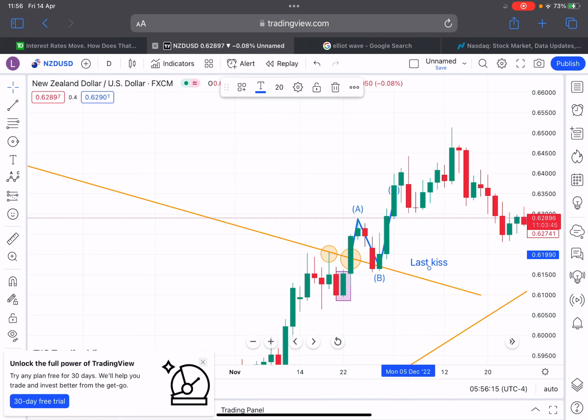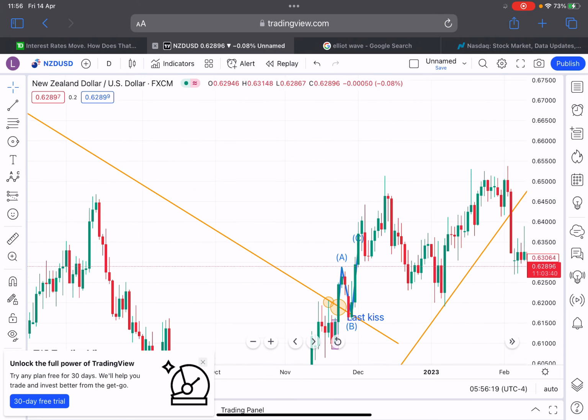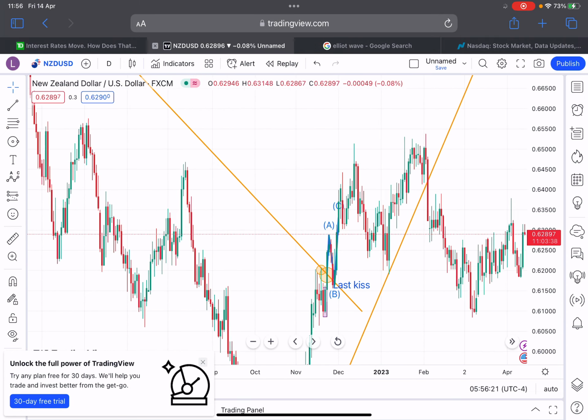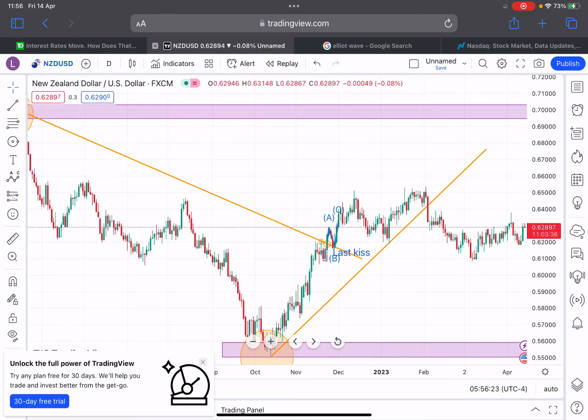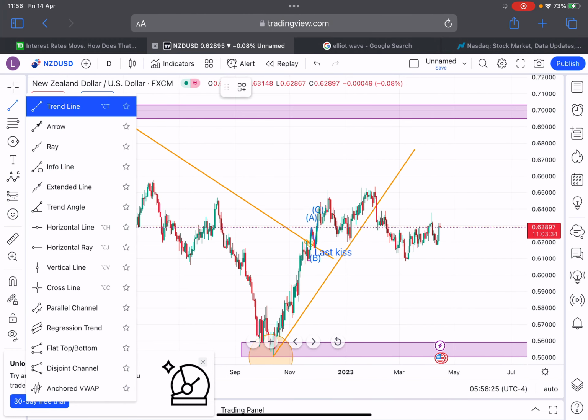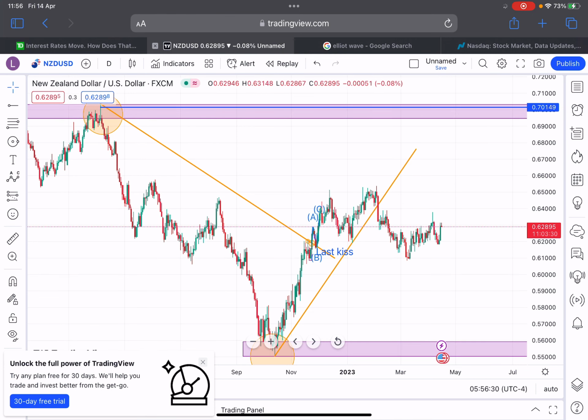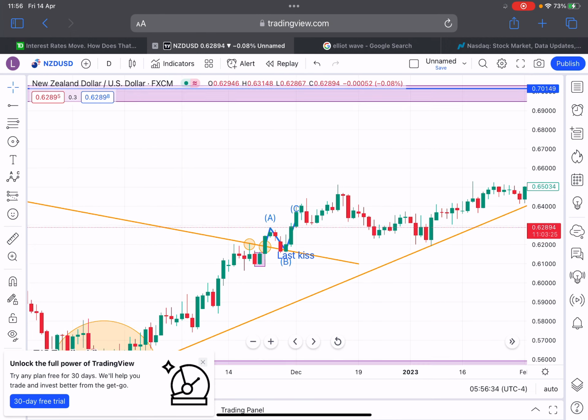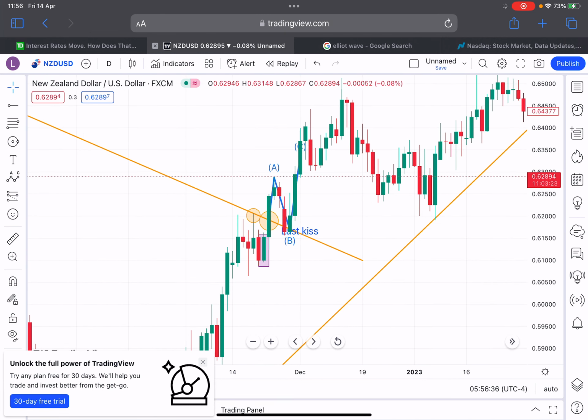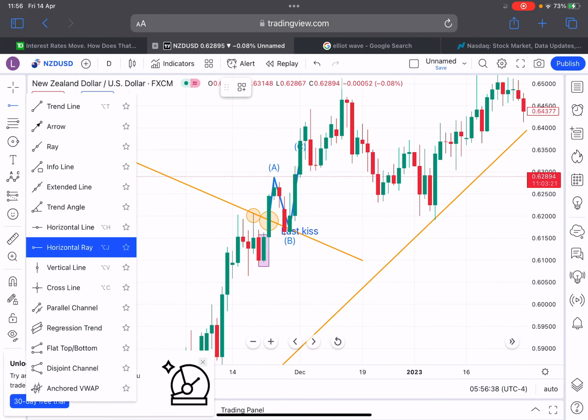So here there was your last kiss, and then your chart started going up. What I did say is that your take profits have to be on your touch 1, but if your touch 2 is usable, you can use it as your take profit, meaning your take profit can be here.